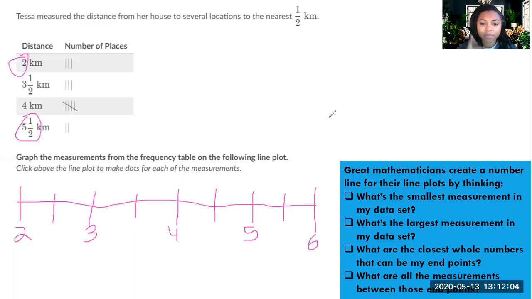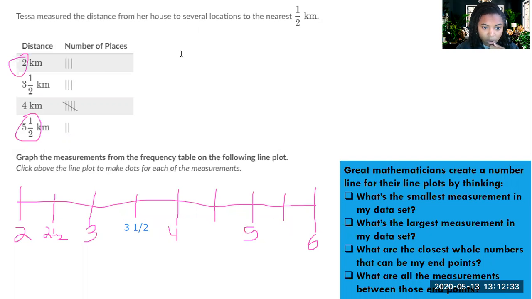And then I think, what should I label this? Well, if I'm counting by halves, it'd be 2.5. Then I would keep going. So 2.5, then 3, then 3.5, then 4.